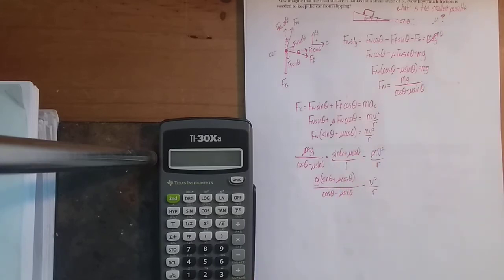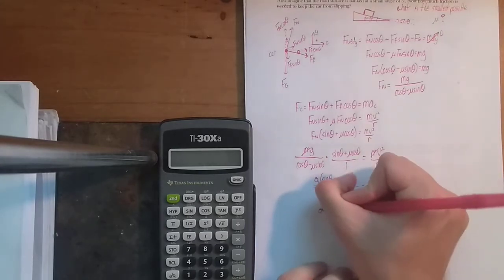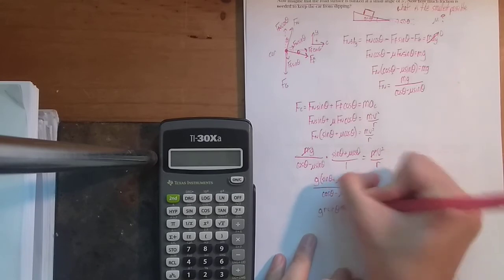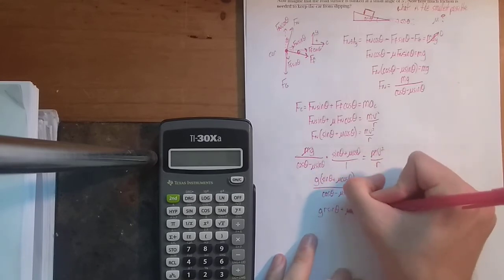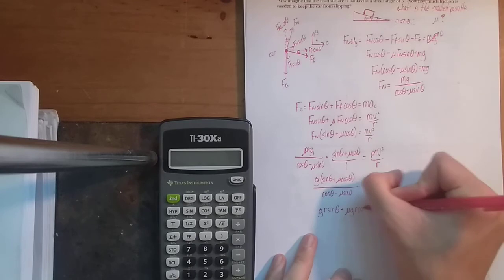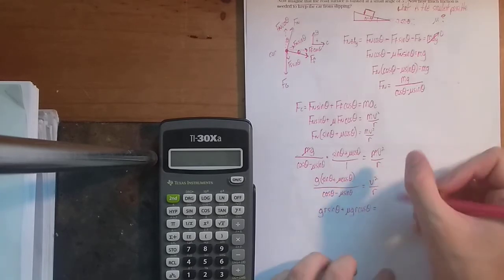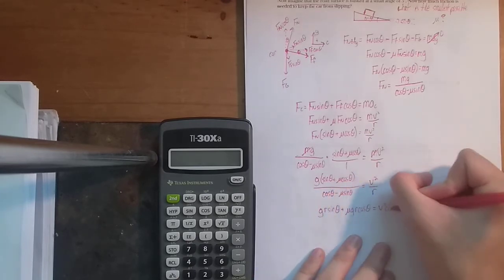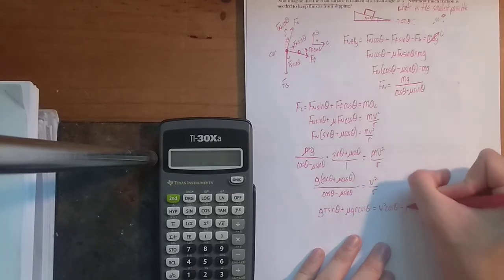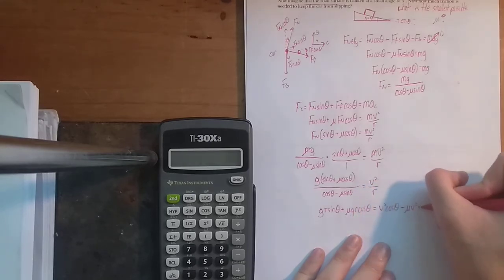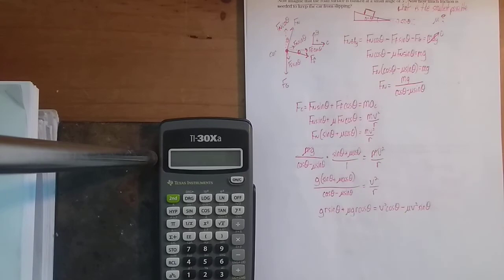So when I do that, I'm going to end up with gr sine theta plus mu gr cosine theta equals v squared cosine theta minus mu v squared sine theta. I'm trying to solve for mu. I want to get all the mu's on one side.